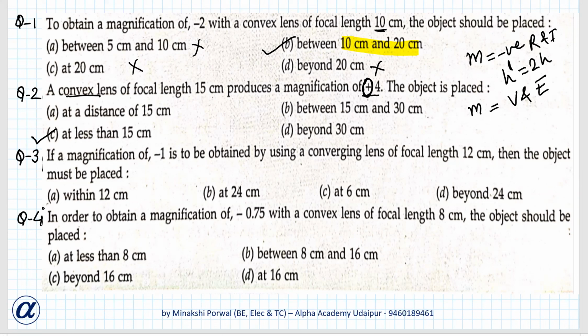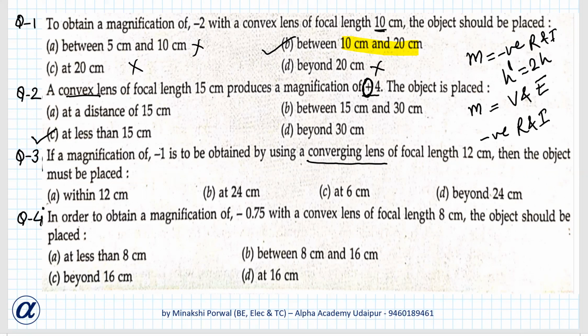Then question number 3. If a magnification of -1 is to be obtained by using a converging lens, you have to remember that a converging lens is a convex lens only. Magnification is -1. Minus means a real and inverted image, and 1 means the size of image and object are both equal. This case is also a single and unique case.